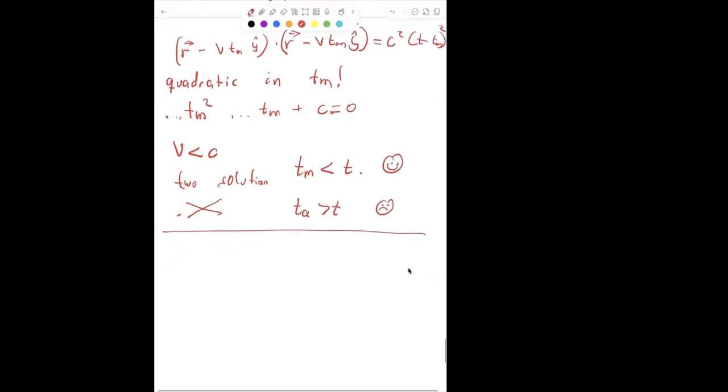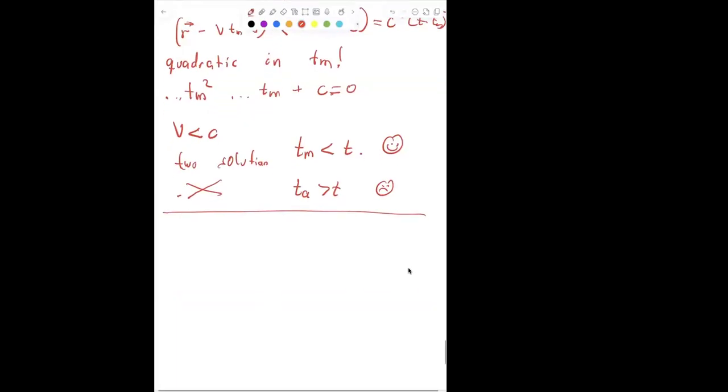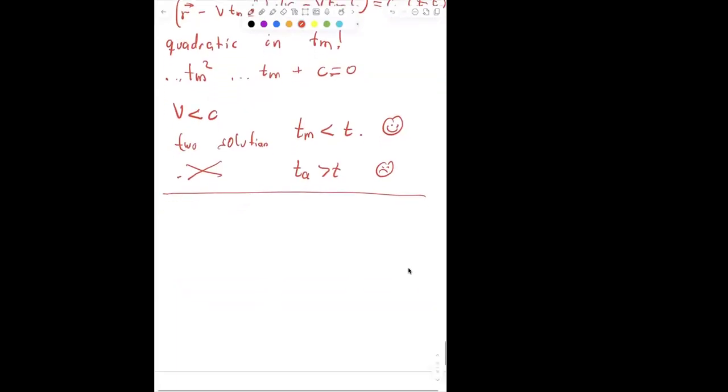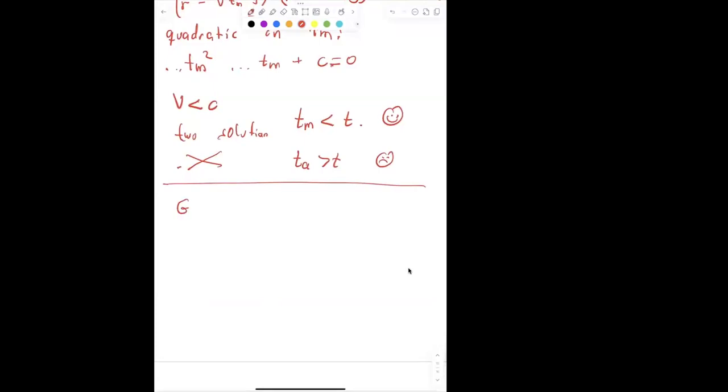Okay, so now we have this Tm, and what would be a guess? Which is wrong? A guess would be, and I'm just going to think about the potential, V. Maybe V is equal to the following simple expression, 1 over 4 pi epsilon 0 times 1 over |R minus W(Tm)|.